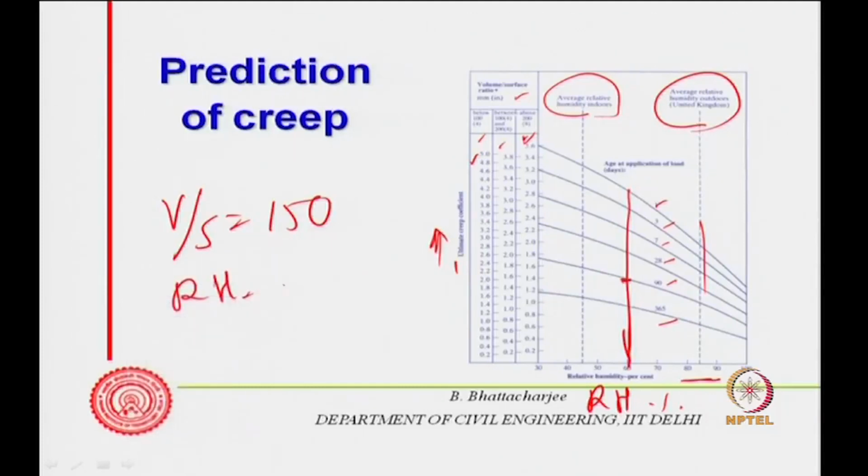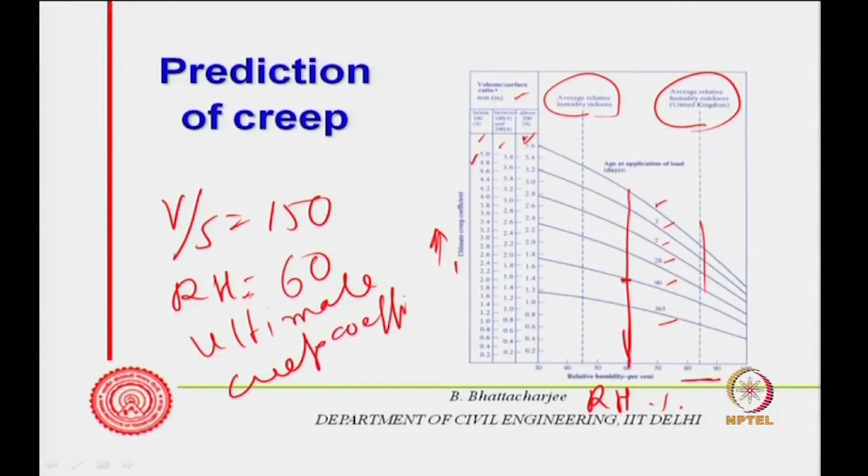RH is 60%, and I am interested in the creep coefficient at 90 days. So, what will I do? At 60% relative humidity, go to 90 days, come along this direction, and it is 150, so it is somewhere in between. It will be given as 1.6. The ultimate creep coefficient will be given as 1.6.